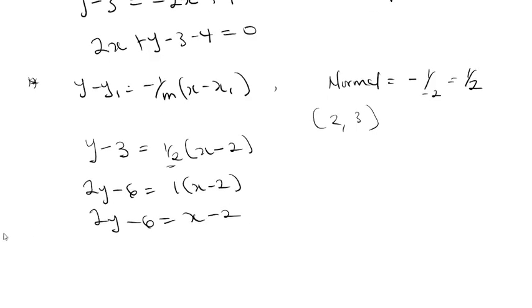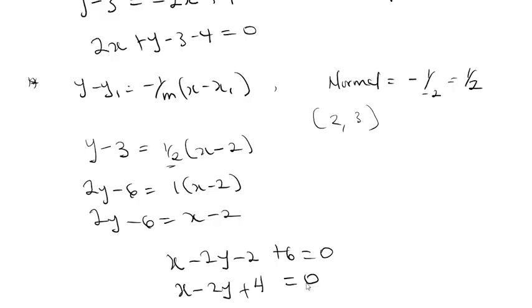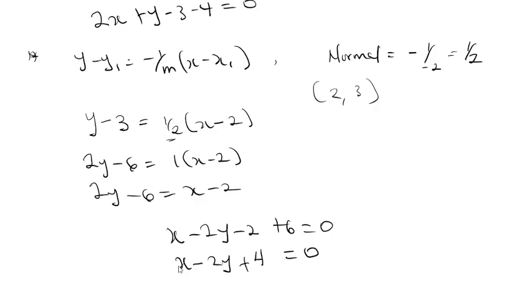Now we can rewrite this as x minus 2y minus 2 plus 6 equals 0. This will give us x minus 2y plus 4 equals 0. And this is the equation of the normal.